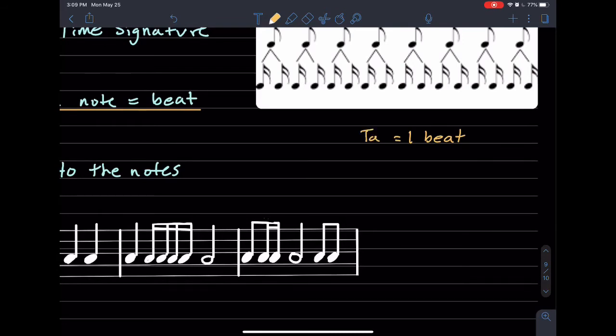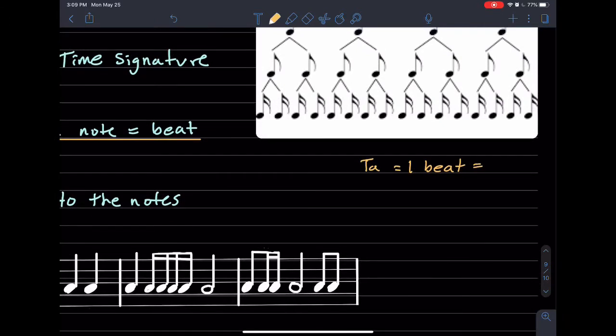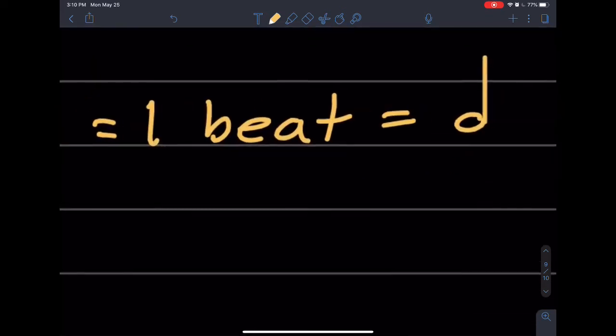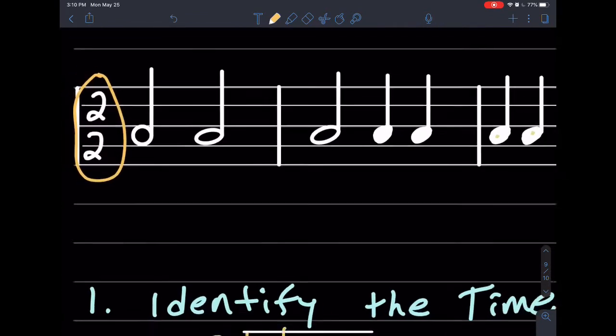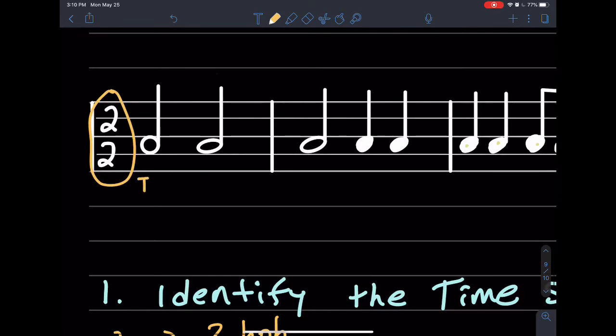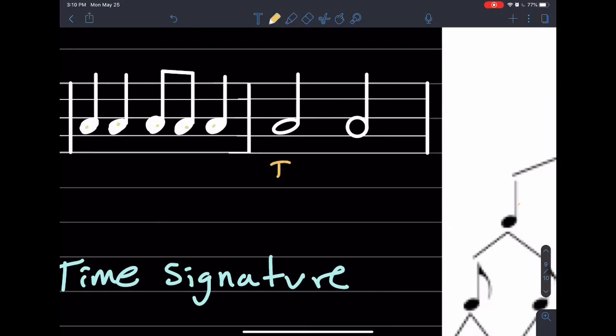In this case, we're going to see half notes, and they're going to be worth 1 beat. So every time we see a half note, we're going to say ta. Let's take back this example and write a ta under each half note. No matter where they are, just go through, and wherever you see a half note, write ta.